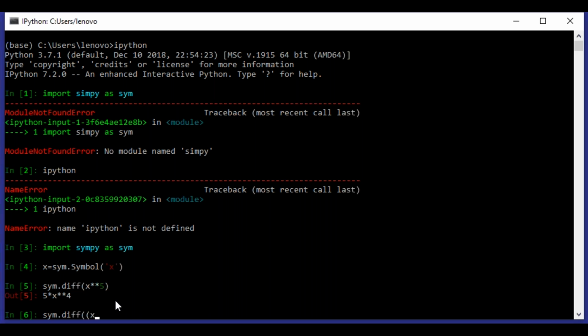For that we will have to give it like this, x, asterisk symbol twice, 2, plus 1, close the bracket, plus sym.cos x.